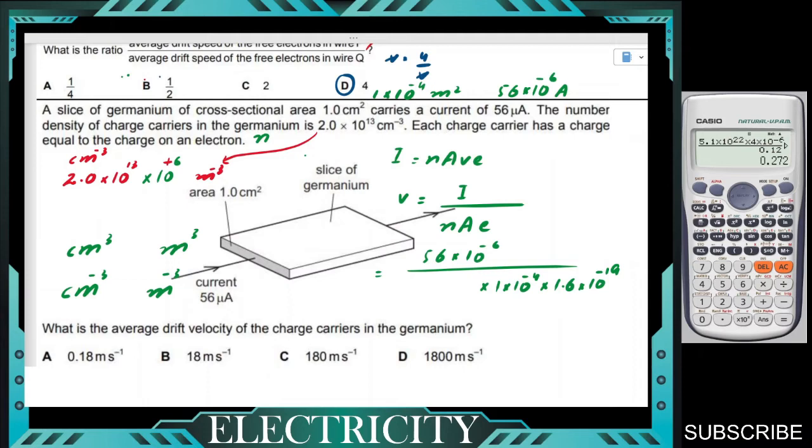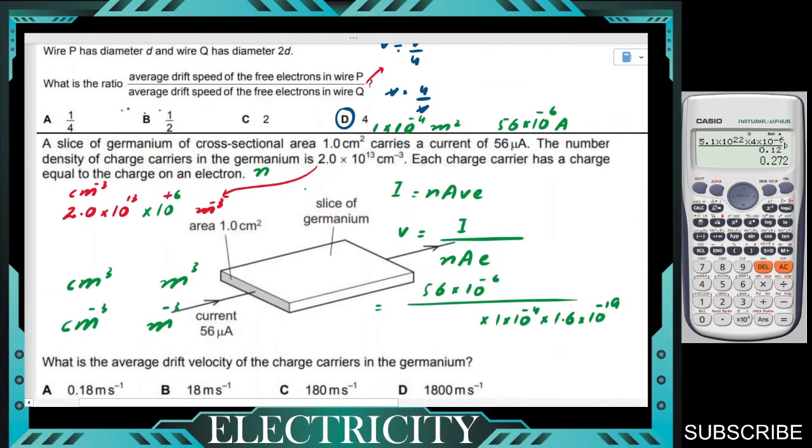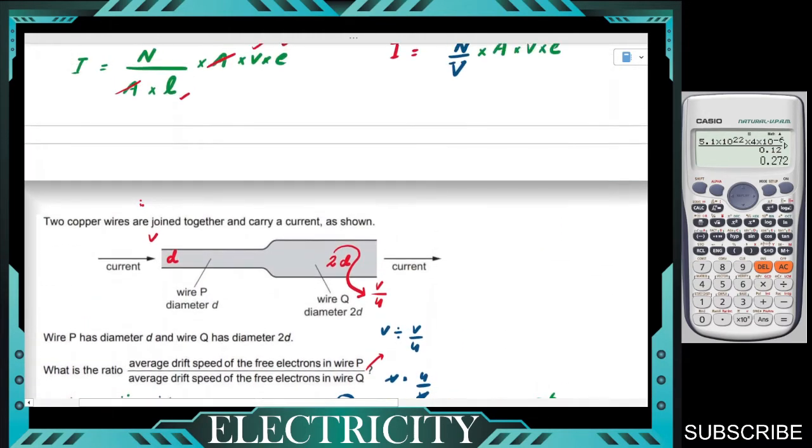Okay. So whatever way you're comfortable with, the conversion of per cubic centimeter is tricky. Likewise, it's not only limited to this. For example, let me write over here. If you have to convert per centimeter square to per meter square, let's say the value is 5 per centimeter square.